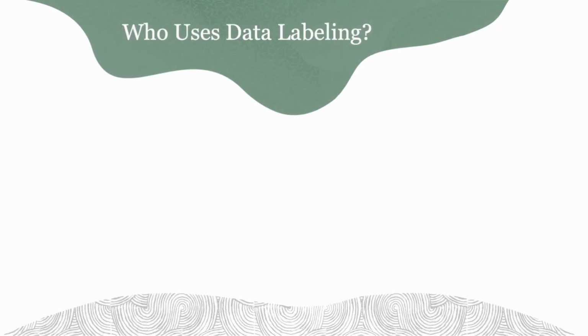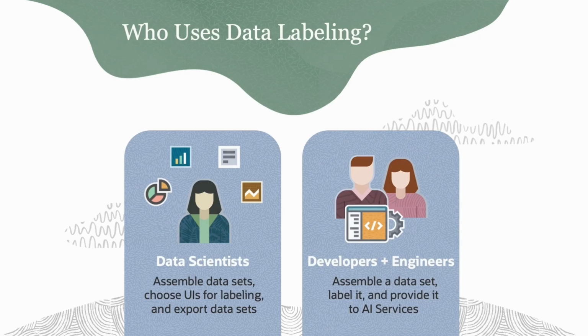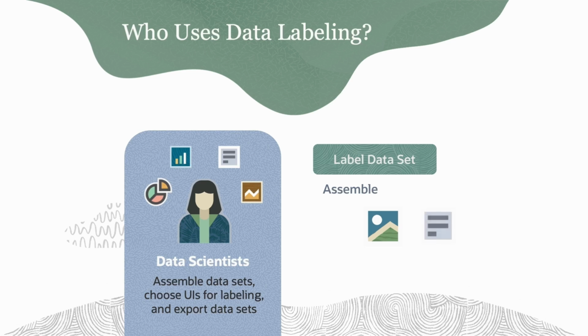Who uses data labeling? You have two personas, either data scientists or developers and engineers. Data scientists who need to build labeled datasets assemble the dataset and data records such as images or text. Choose pre-built rich UIs for labeling and export the labeled dataset.